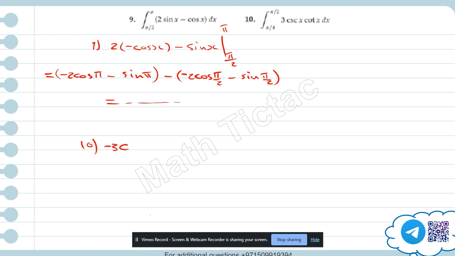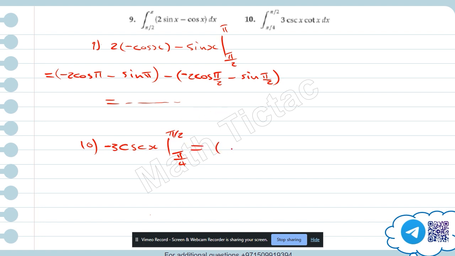This is the 3, and this is the minus cosecant x, from pi over 4 to pi over 2. Because the derivative of cosecant is minus cosecant cot, with the minus it will be plus.